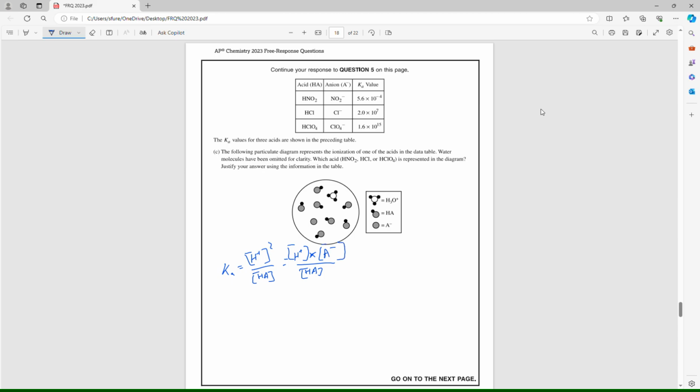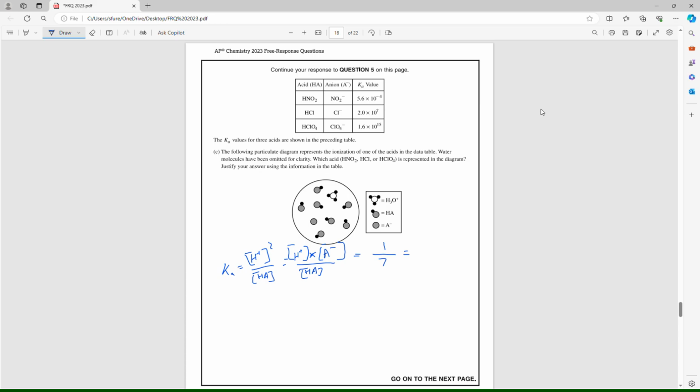So it looks like we have 1 A minus and 1 H plus. H3O plus is the same as H plus. So we could say our top value is a 1. And our HA, 1, 2, 3, 4, 5, 6, 7, is 7. So this is clearly some sort of decimal. I don't know what the decimal is.